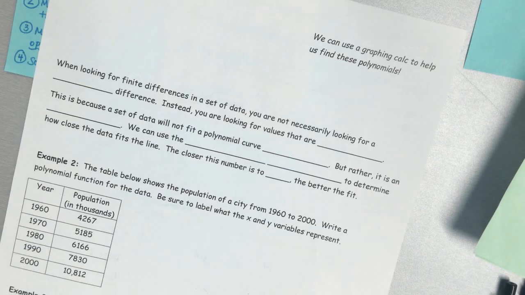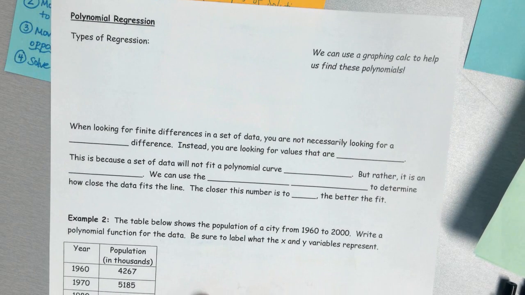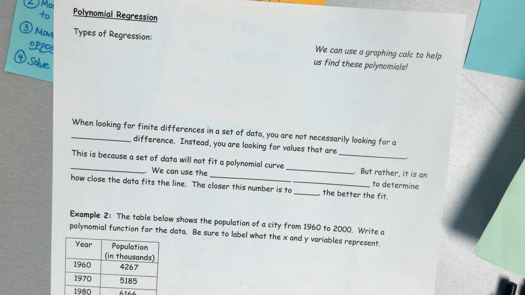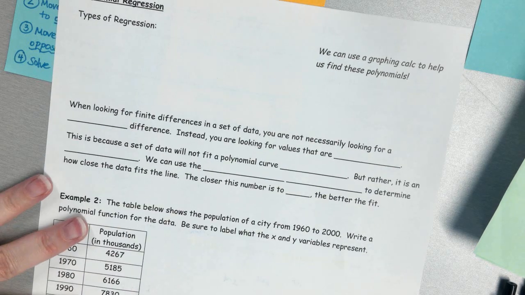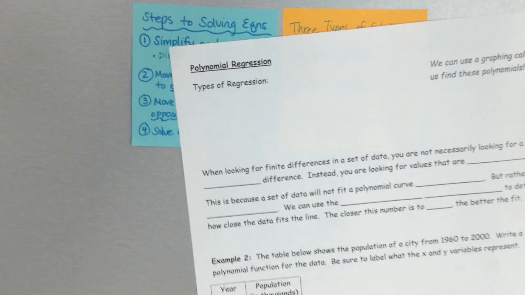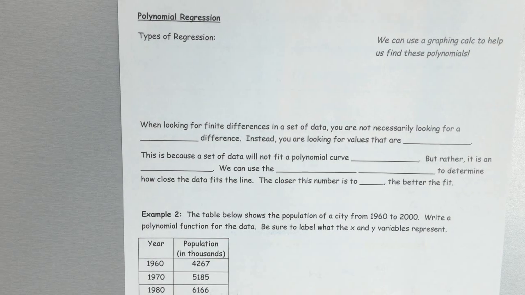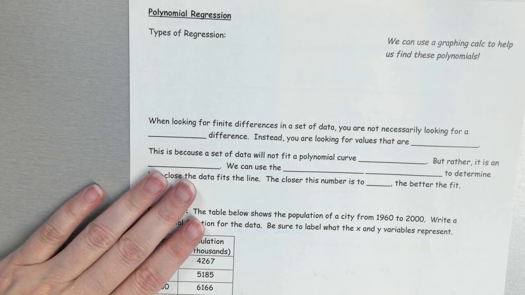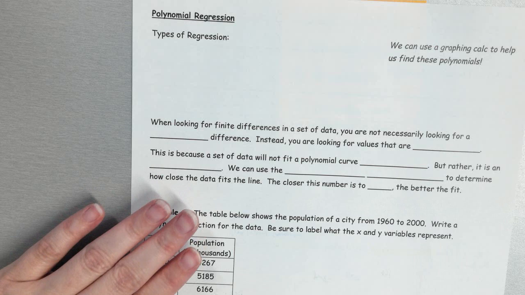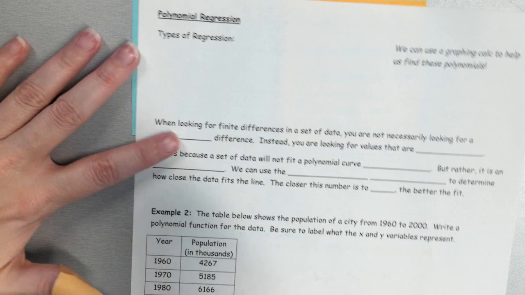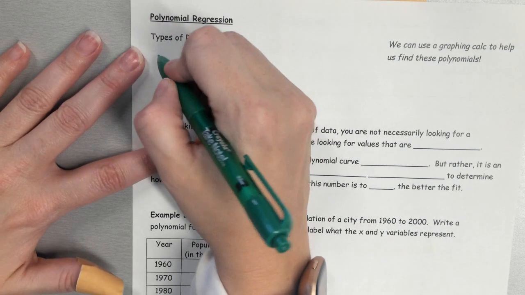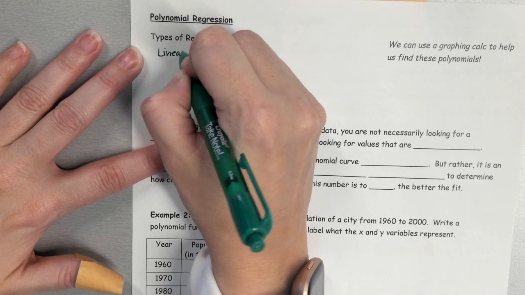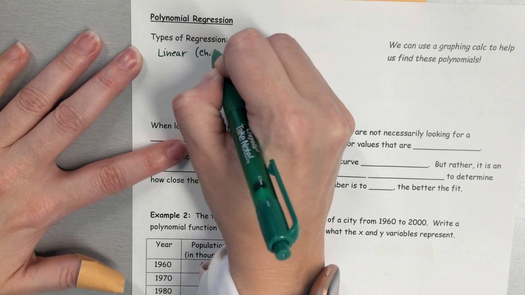Okay. So now what we're going to talk about is polynomial regression, and we've actually done regression before. We've done quadreg and we've done linreg. Do those ring a bell? Is something that we've done before? Linreg was in chapter 1. So the types of regression, we have linear regression, and we did that in chapter 1.